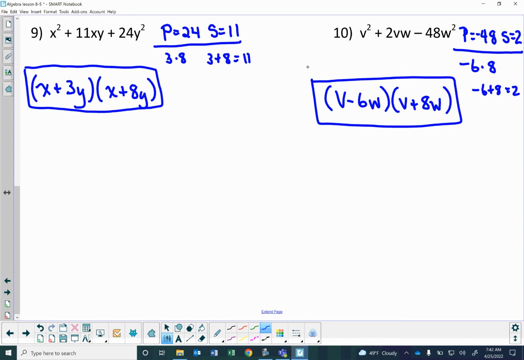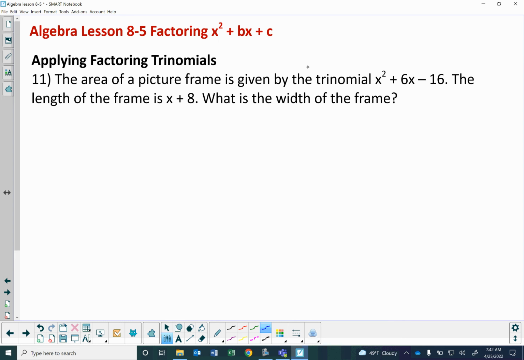The last thing we can do is we can also apply this. If I give you a word problem, you should still be able to apply factoring to solve it. The area of a picture frame is given by the trinomial x squared plus 6x minus 16. The length of the frame is x plus 8. What is the width of the frame? Well, I'm going to take my picture frame, which is x squared plus 6x minus 16, and I'm simply going to factor it. So I need a product of negative 16 with a sum of 6.